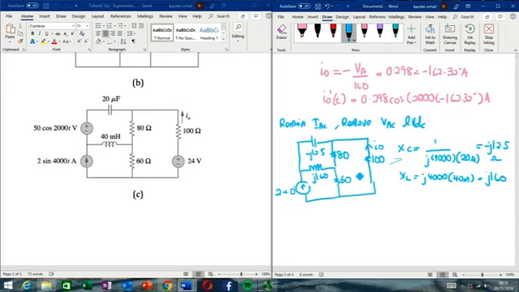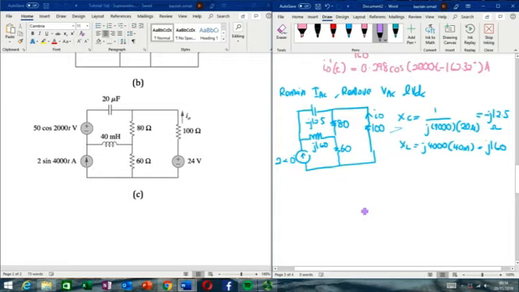Alright, so for this case, since it involves 3 loops, the easiest way, if we convert to star delta... so we need to use circuit analysis such as nodal or mesh to solve this circuit, because if you use the star delta conversion, it will affect the value of current flow here. So I think it's better to use mesh.